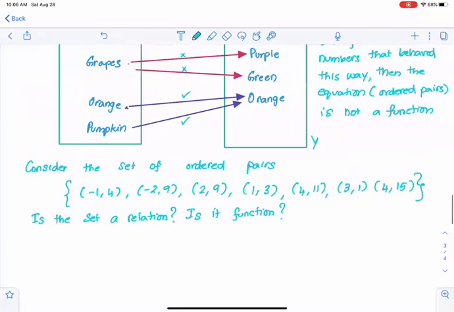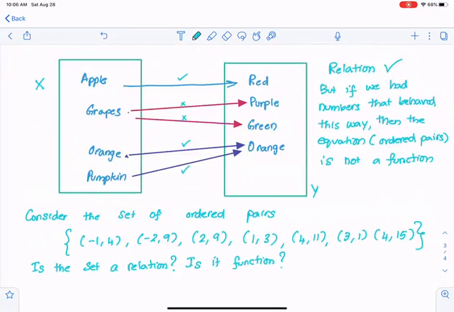So we have to put the numbers and watch out for arrows like the one that we did previously. And if we have misbehaving arrows like the one in the middle, then it cannot be a function.